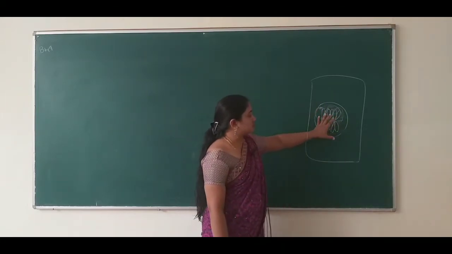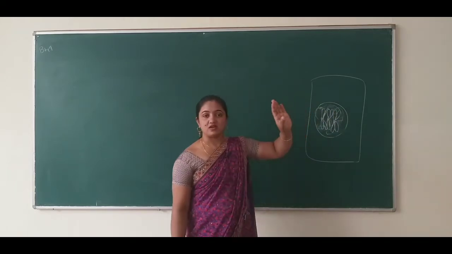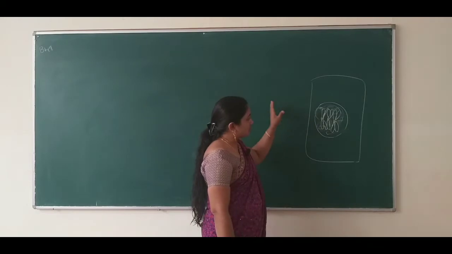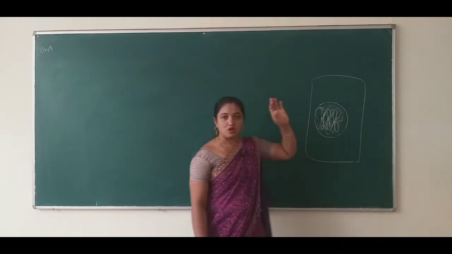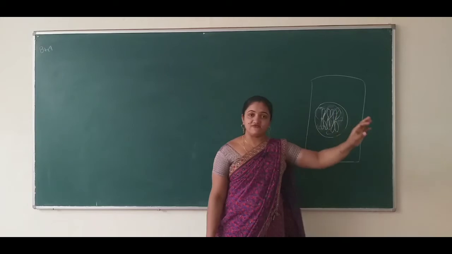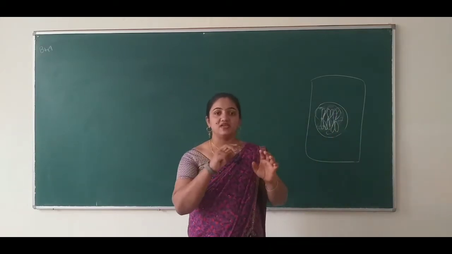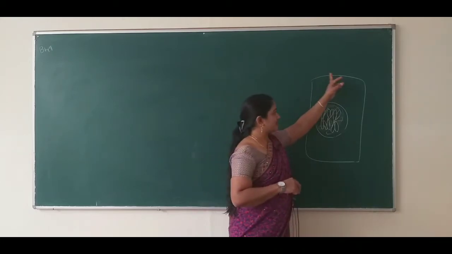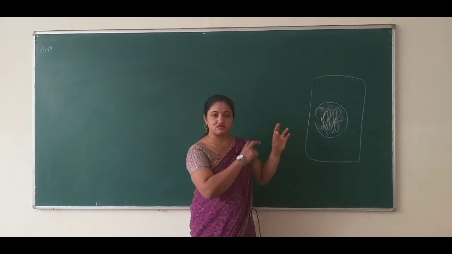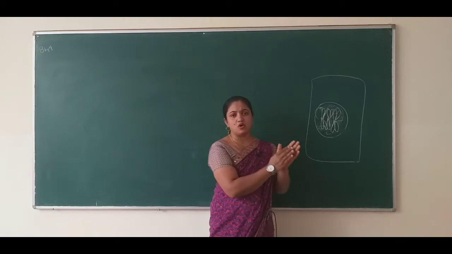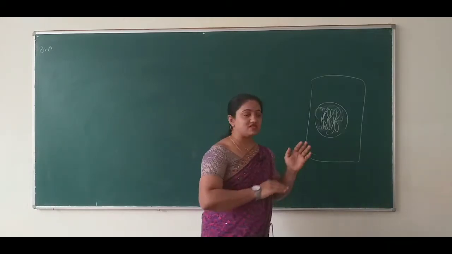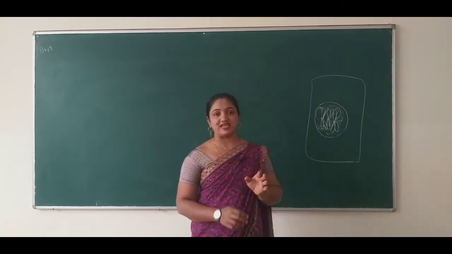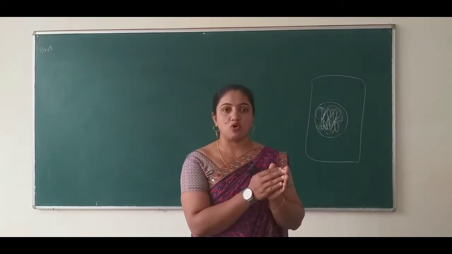So before going to this concept, it is necessary to know how such a long DNA, or such long chromatin fibers, are packed in the nucleus. As you know, the cell is a tiny structure, a very small structure, and in this tiny structure, the nucleus is very tiny.